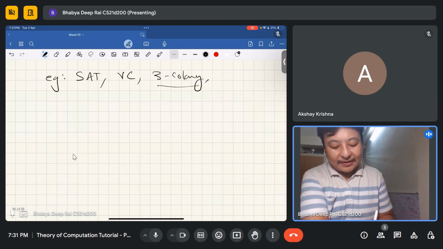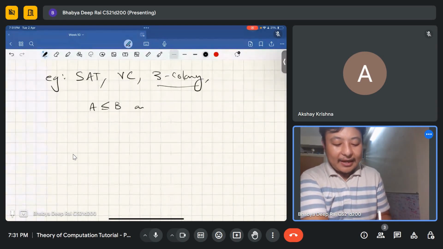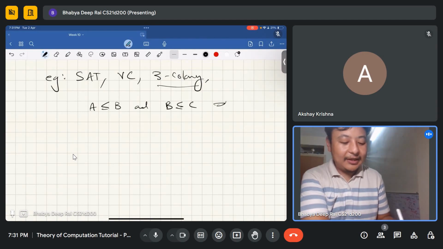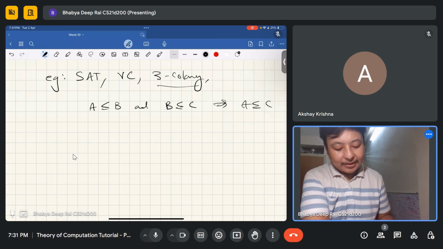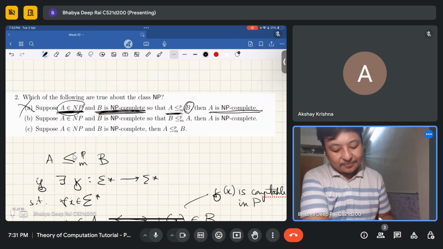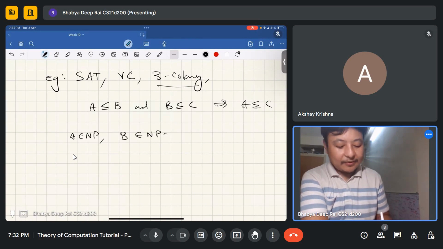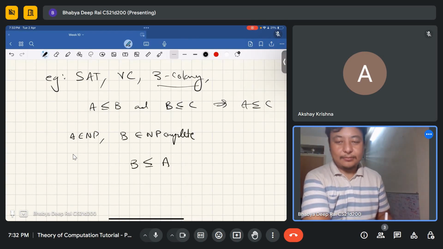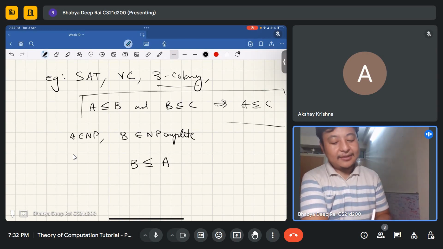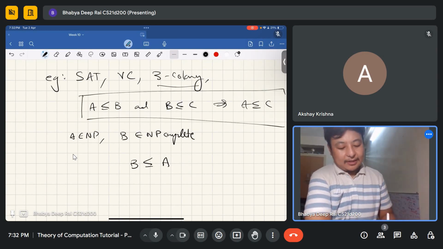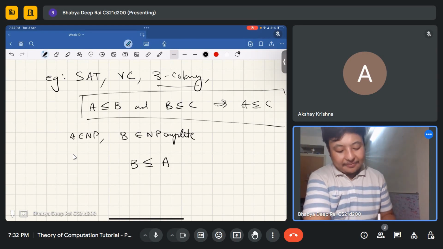Because if A reduces to B and B reduces to C, then A reduces to C. So what we are seeing is A is in NP and B is NP complete, and B reduces to A. This is a standard result, which was done in the lectures.